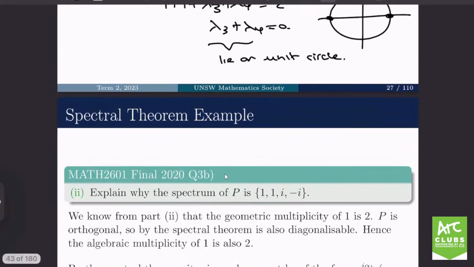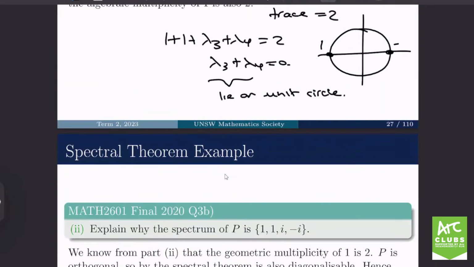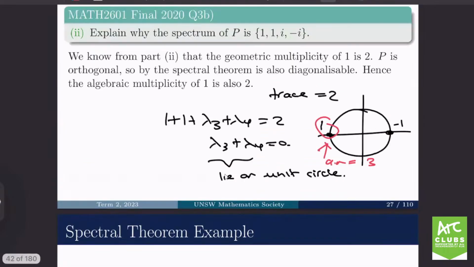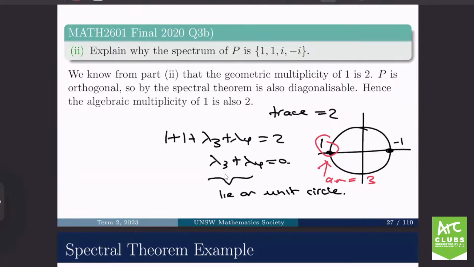But we can't do that, because if we had 1 and negative 1, then 1 would have algebraic multiplicity 3, which we've already shown not to be the case, because it's diagonalizable and the geometric multiplicity is 2. Algebraic multiplicity can't be 3, right? Now we also know that these 2 values must be complex conjugates.